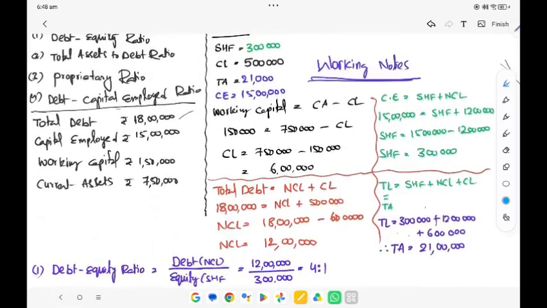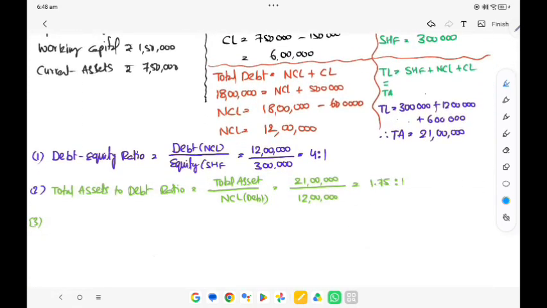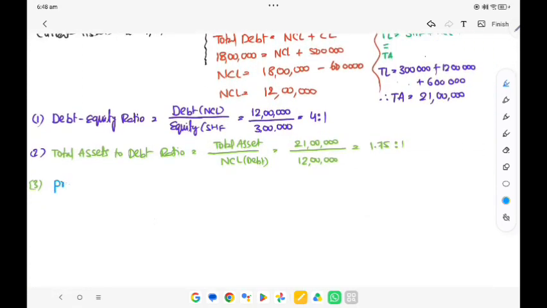Next, the third one. What is the third one? Proprietary ratio. Proprietary ratio is equal to shareholders fund by total assets. Shareholder funds is 3 lakhs by 21 lakhs. Generally, while doing the proprietary ratio, the numerator is lesser than the denominator.